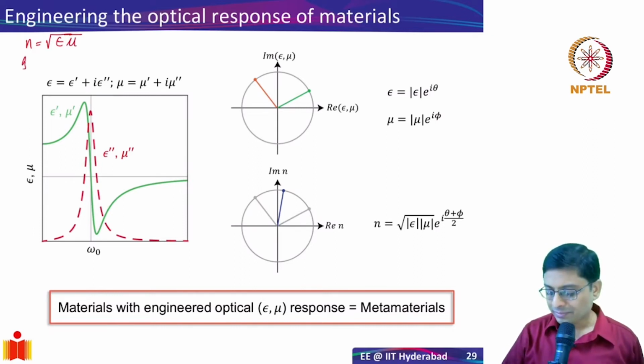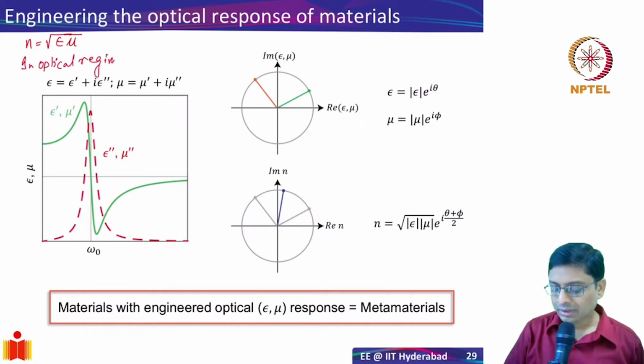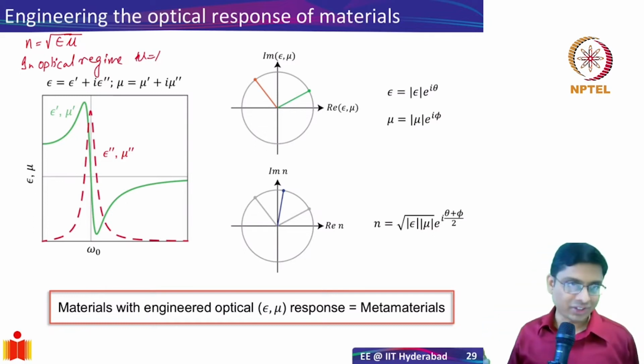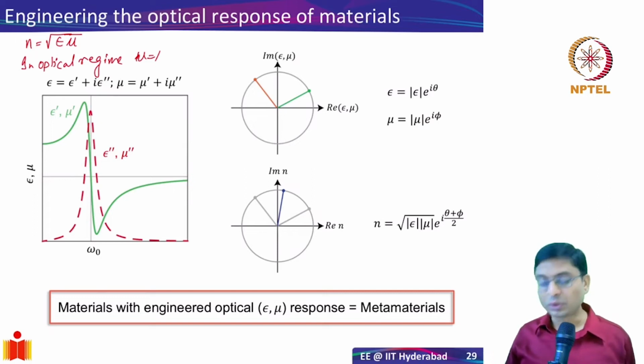But in the optical regime, mu equal to 1 typically, unless you design structures which exhibit a mu not equal to 1. In most cases it's going to be 1 if you don't do much. So in that case, of course, n turns out to be the root of epsilon, but that's not a general scenario.